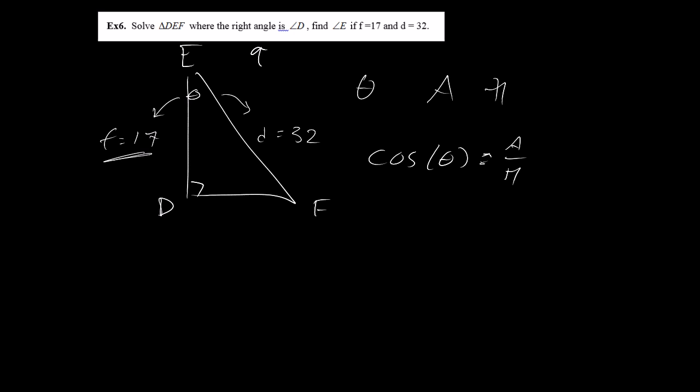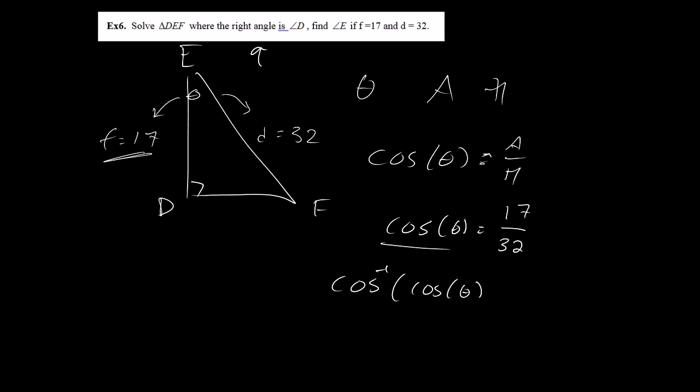So cosine of theta is equal to 17 divided by 32. To undo the cosine, we simply take the inverse: cosine inverse of cosine theta is equal to cosine inverse of 17 over 32.